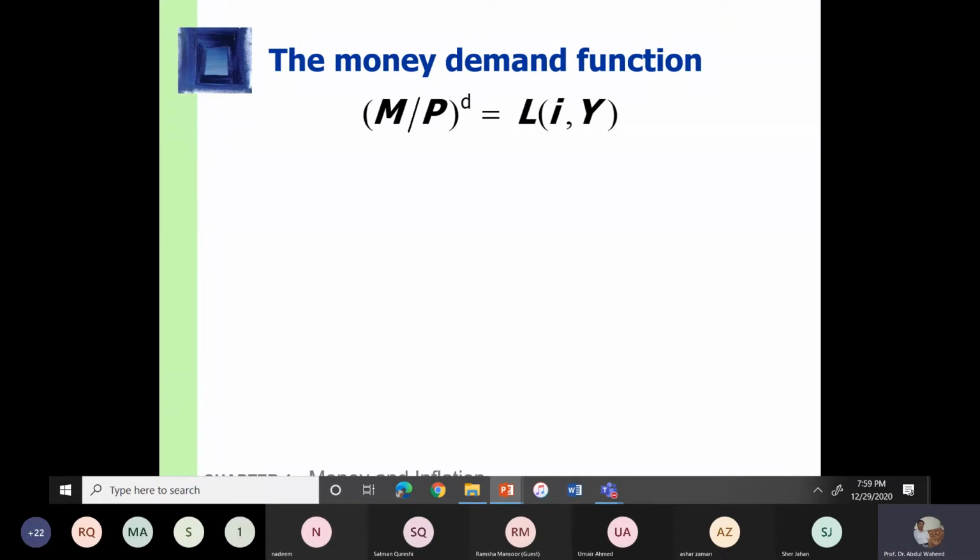This is the money demand function. This is real money balances, real demand for money, which is a function of nominal interest rate and real income or output.